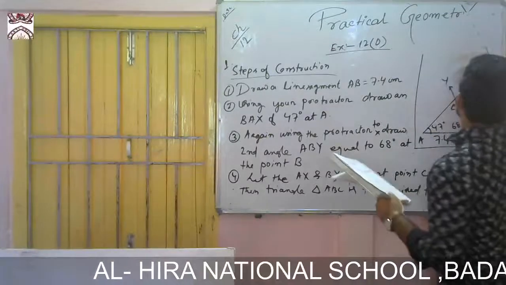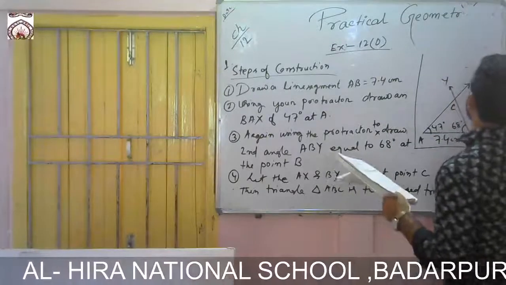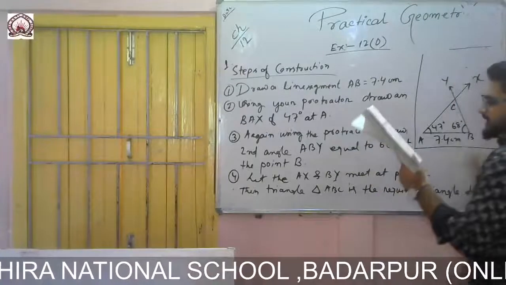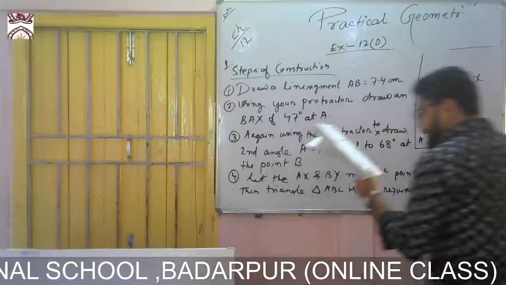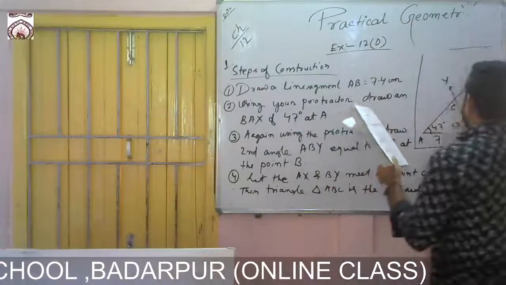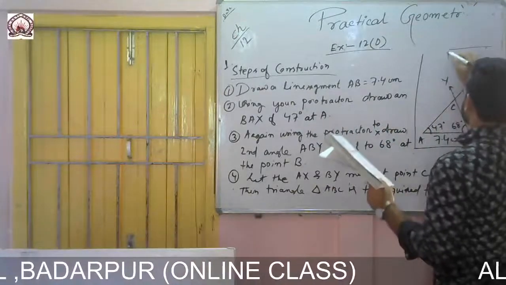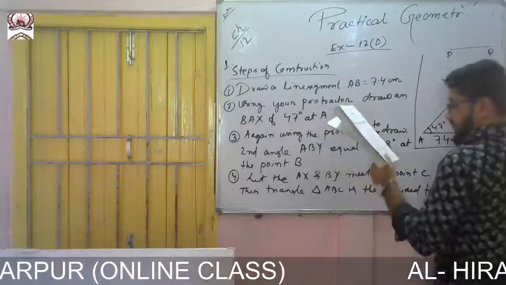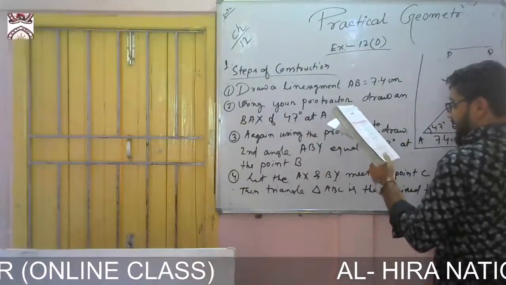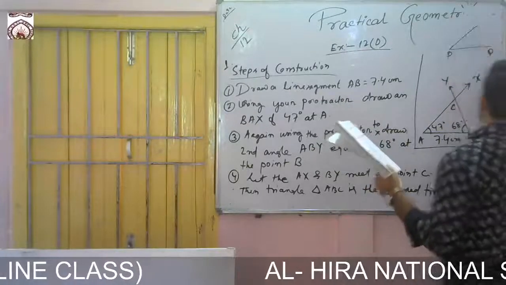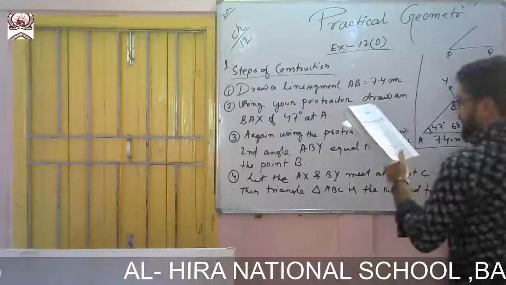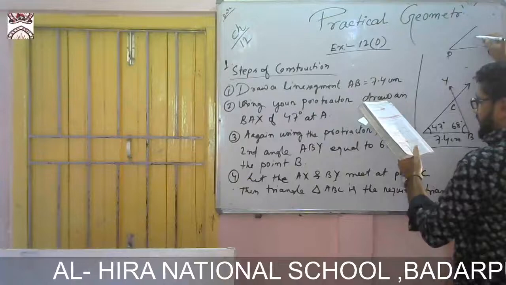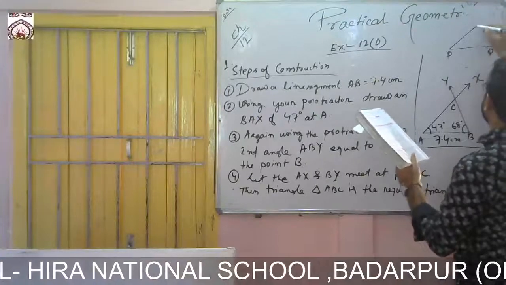So if I draw a rough sketch, let me take this one as PQ. Then at P I shall draw 60 degree, and at Q I shall draw 50 degree.